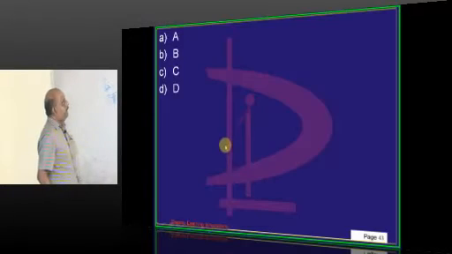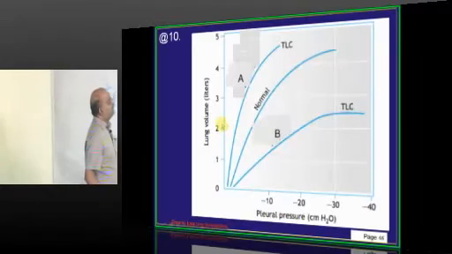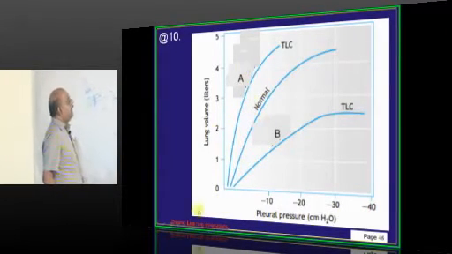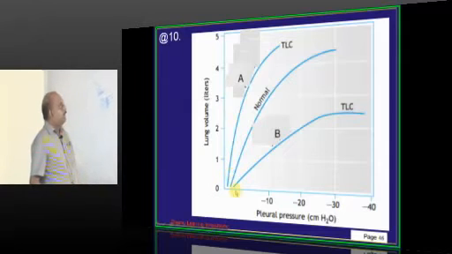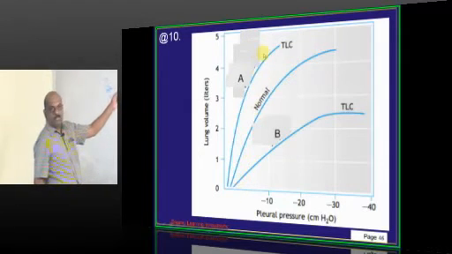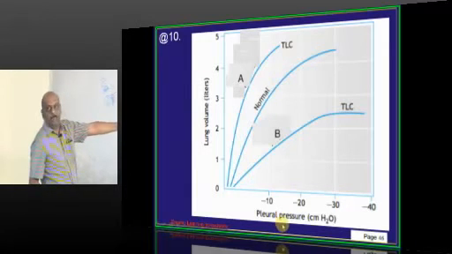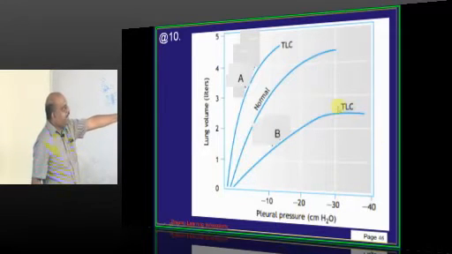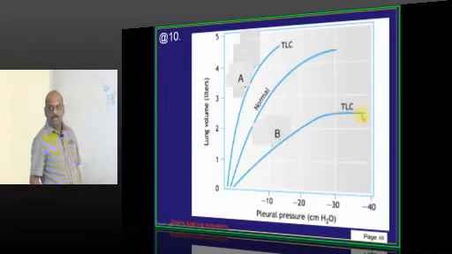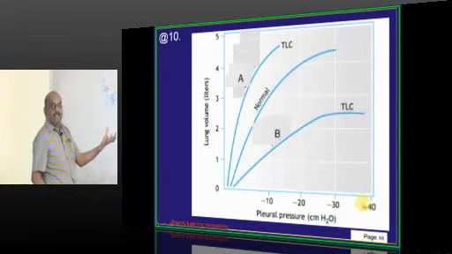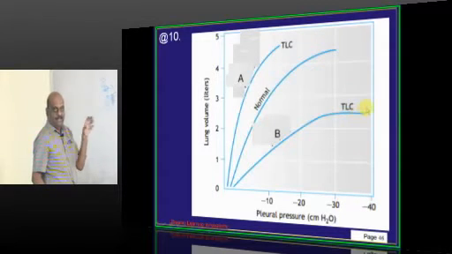Okay? Then, doctor, you have a lung, two scenarios, if you take the relation between the lung volume and the pleural pressure. In this scenario, what is happening? Even at a higher pleural pressure, the amount of lung volume achieved is lesser.